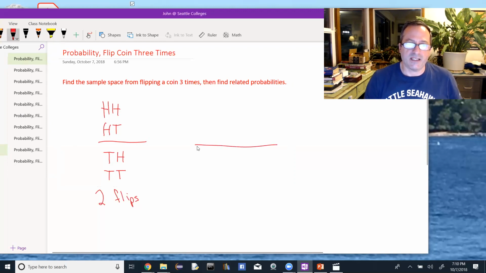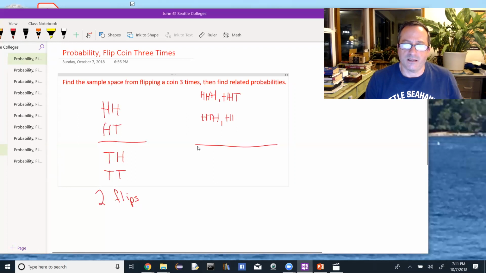So for this one, heads, heads, I could have heads, heads, heads, or I could have heads, heads, and then a tail. For this second one, heads, tails, I could have heads, tails, heads, or heads, tails, tails. So those 2 are giving rise to 4 outcomes.